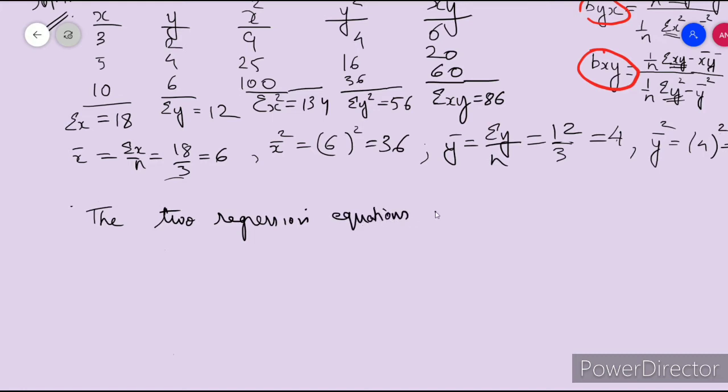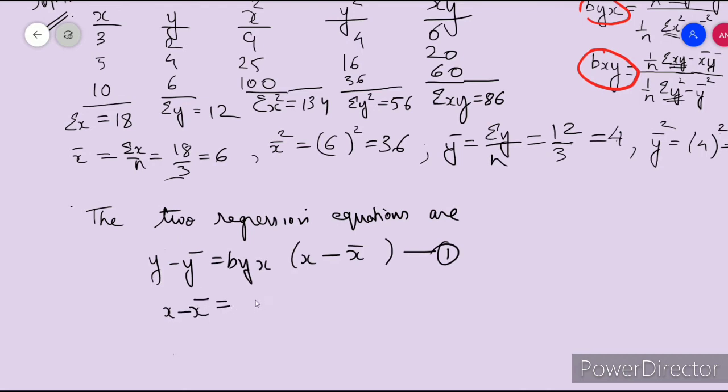Let us first write down the regression equation of y on x. This equation tells us that y is the dependent variable and x is the independent variable. And next we take the regression equation of x on y, where x is the dependent variable and y is the independent variable. Let me write this properly.